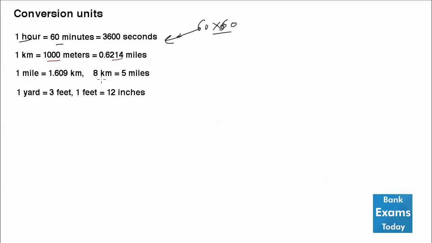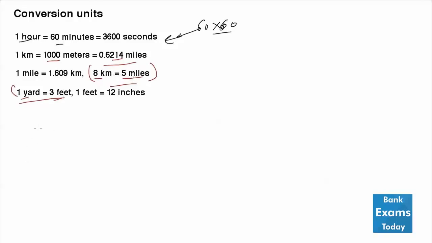So simply, 8 kilometers is equal to 5 miles. You should remember this. And 1 yard is equal to 3 feet. These are the most important conversion units that you should know.